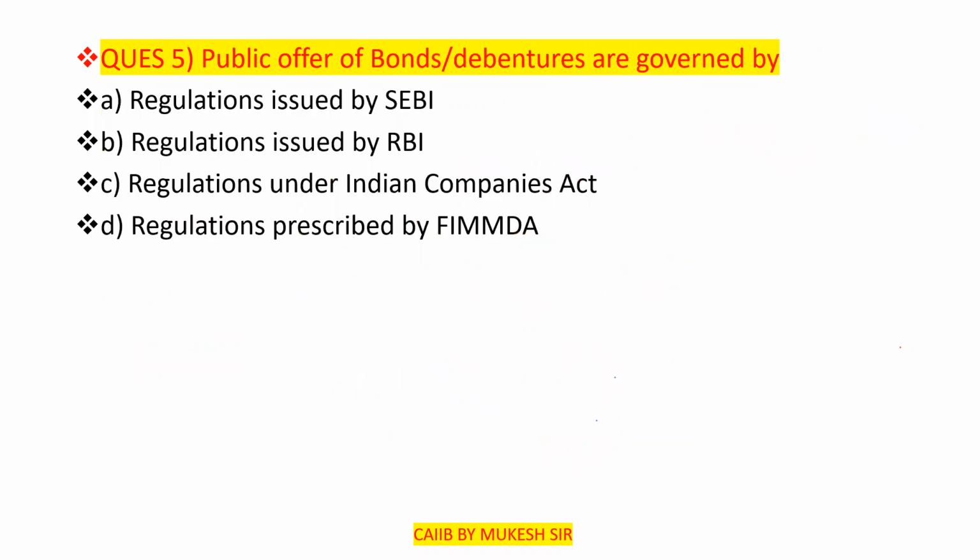Now move to the next question, question number 5. Public offer of bonds or debentures are governed by: option A, regulations issued by SEBI; option B, regulations issued by RBI; option C, regulations issued under the Indian Companies Act; or regulations prescribed by FIMMDA.